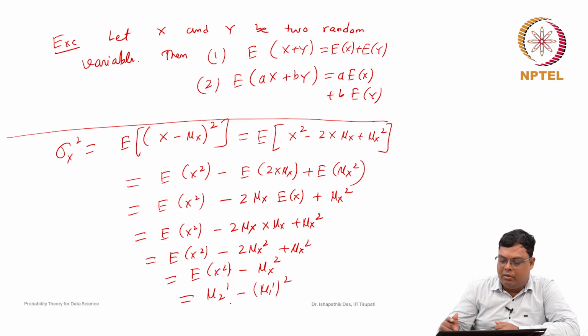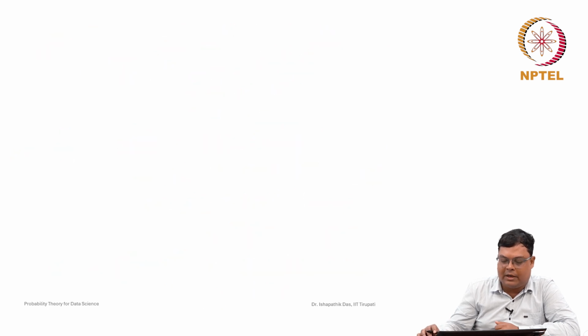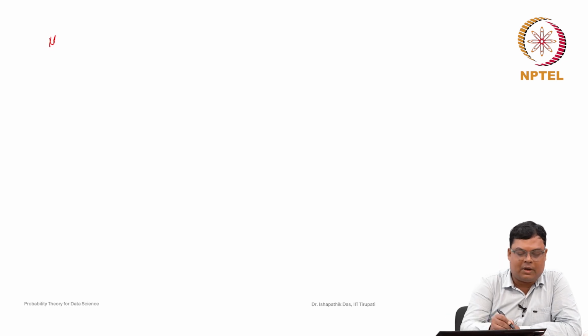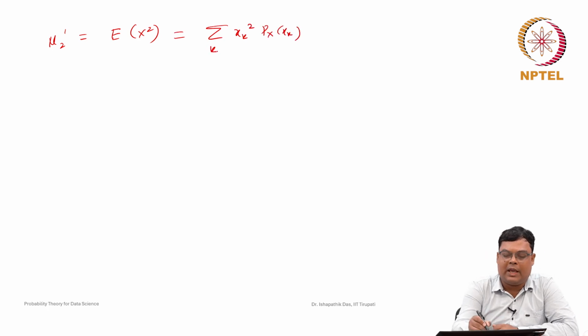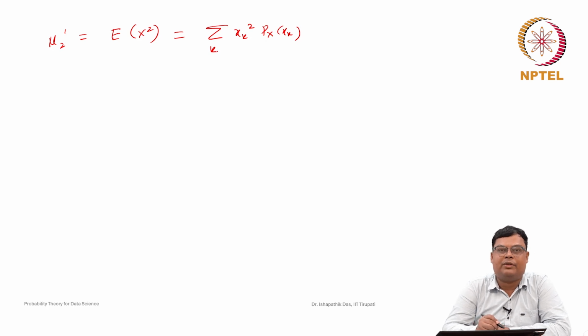What we will do is find the second order raw moment, which is easy to find. The second order raw moment is mu_2 dash, which is the expected value of X squared. This is the summation of x_k squared into P_X(x_k) over the possible values it is taking.